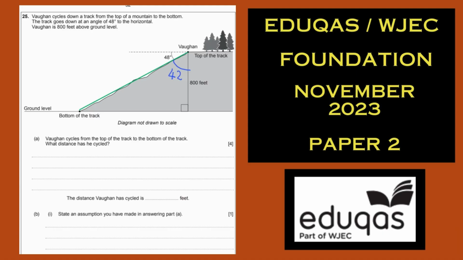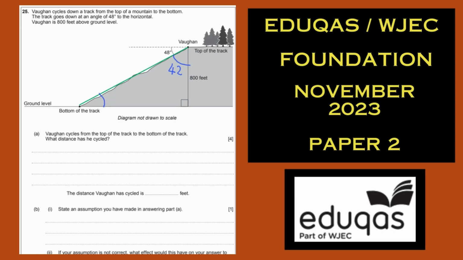Subtract the 48 to get 42, or a bit harder to spot, you might have done alternate angles are equal. So you could work off the 48. That will obviously change the way you calculate things, but you should still get the same answer I get.